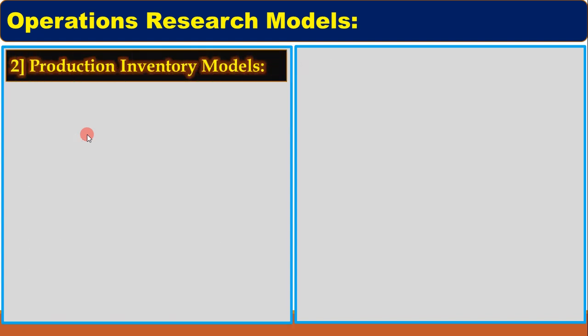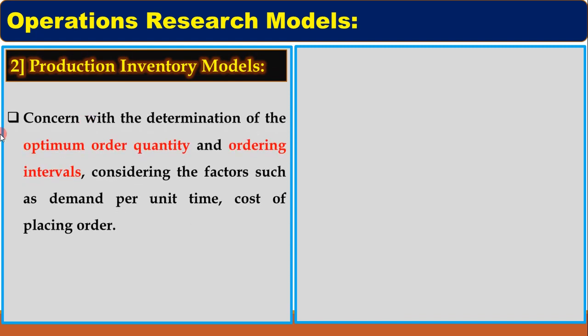Second model is production inventory models. It is concerned with the determination of optimum order quantity and ordering intervals, considering the factors such as demand per unit time, cost of placing order. So in this model, the optimum order quantity and ordering intervals are determined by taking into consideration demand per unit time and cost of placing order.